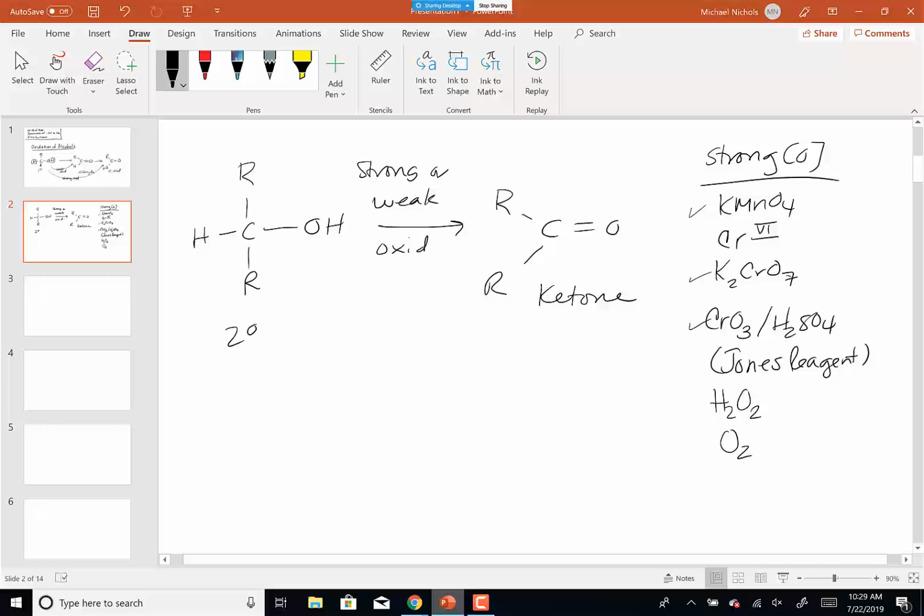Those are the big reagents that we use. Environmentally friendly wise, hydrogen peroxide and oxygen would be the best, but chromium trioxide is not particularly environmentally friendly.